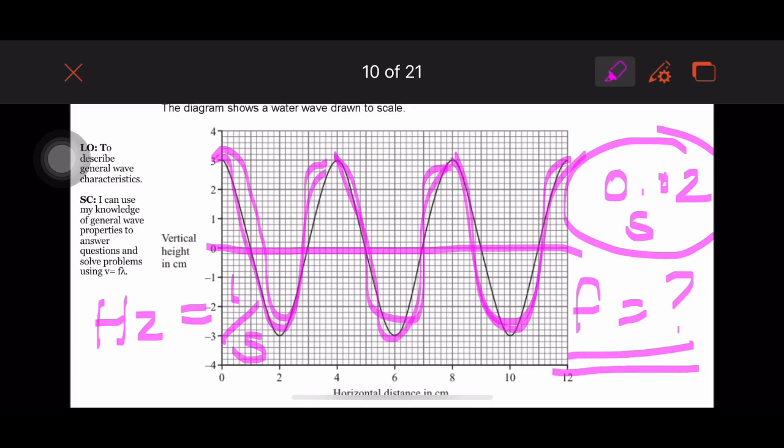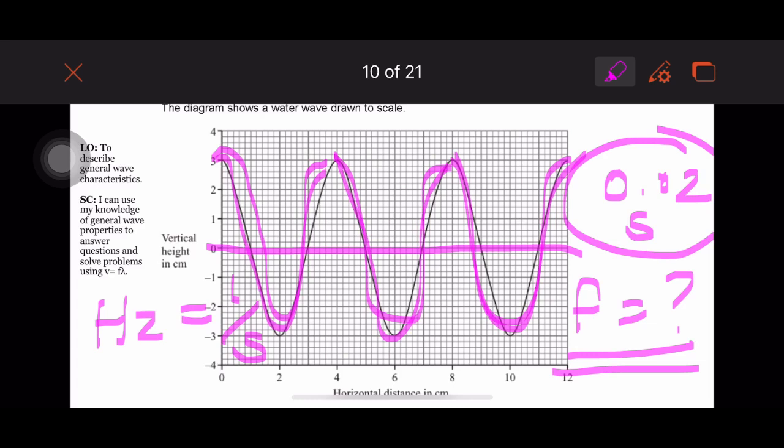How to calculate that? Okay, let me calculate for you. It will be 3 waves over 0.02.